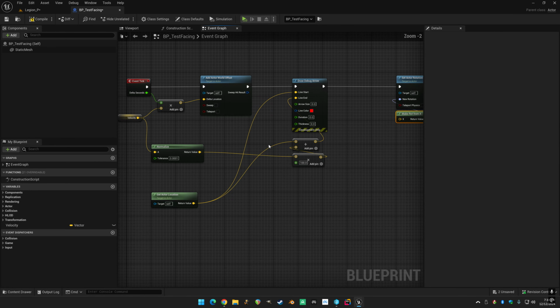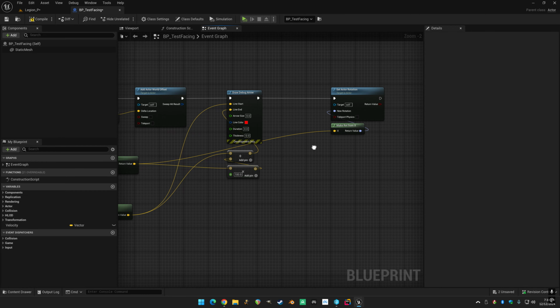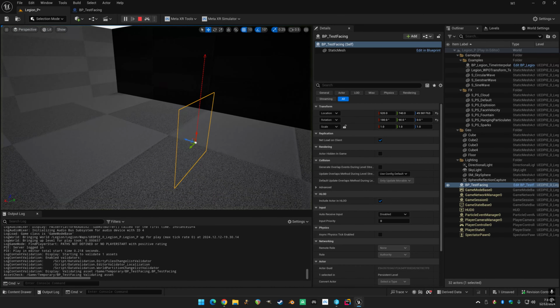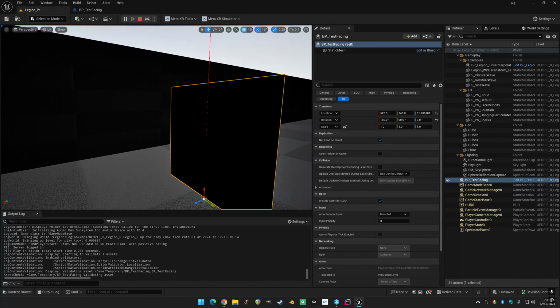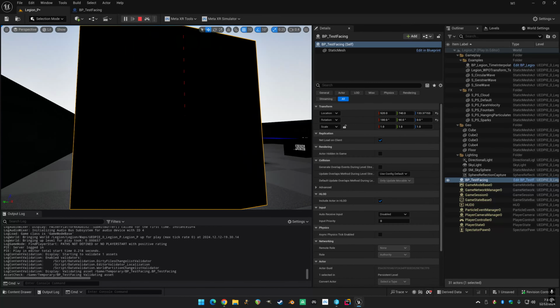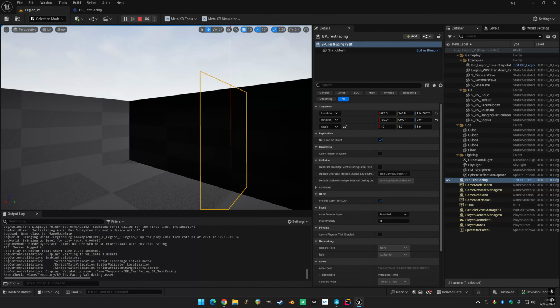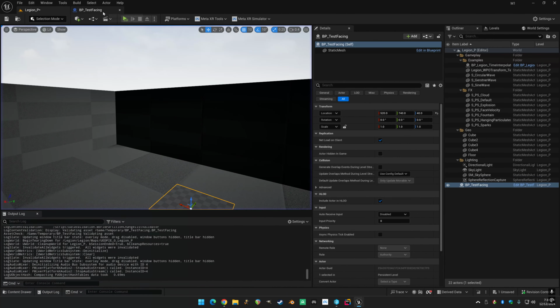So if we just give it our velocity direction and tell it to set the rotation from X, let's see what happens. Oh, so you look, X is now facing the direction of movement, but as you can see, that plane is not rotating to face us, right? So it's moving, it's facing the direction of movement, but we would want that plane to face us.